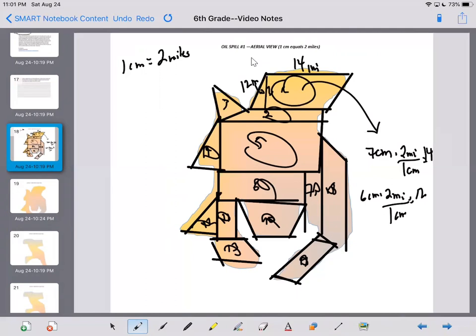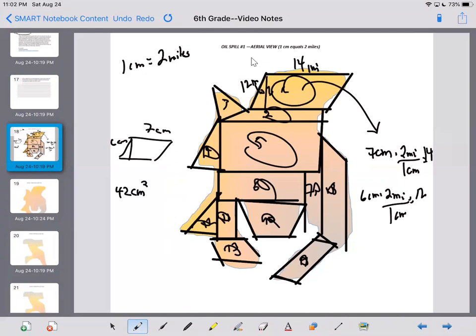That's just one way. You could also measure, like I said, number one was a 7 centimeter by 6 centimeter. Well, that would be 42 square centimeters, right? If that was your height.